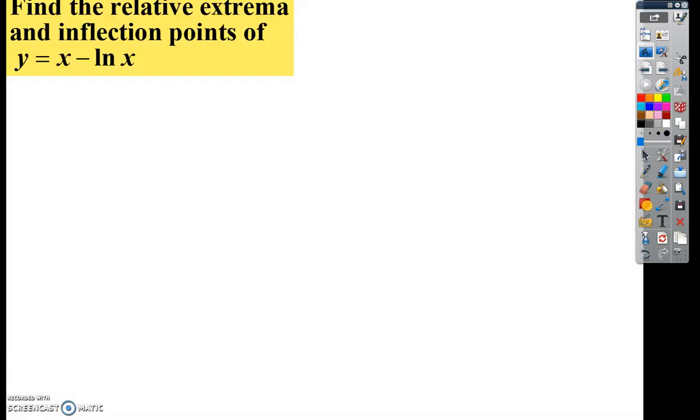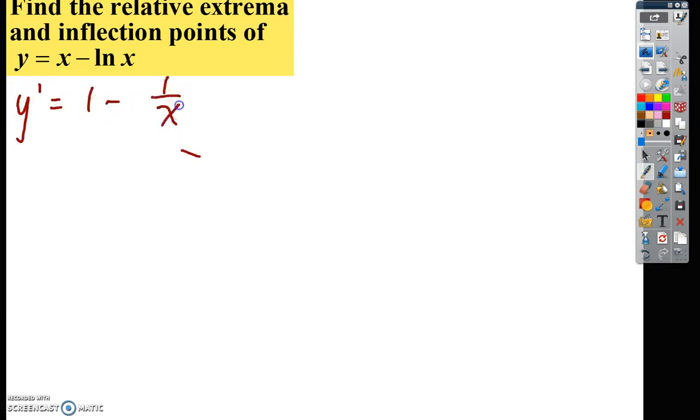Find the relative extrema and inflection points. So this means we need to find possible points of inflection and relative extrema, maxes and mins. So that means we're going to take the first and second derivative of this problem. The first derivative, y prime, is 1 minus 1 over x, which is equal to y prime equals 1 minus x to the negative 1.